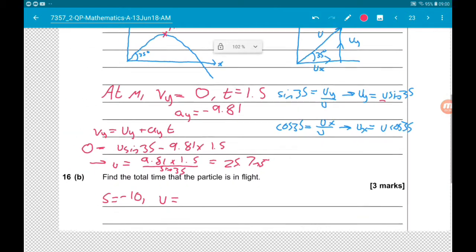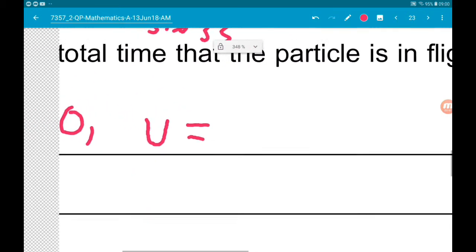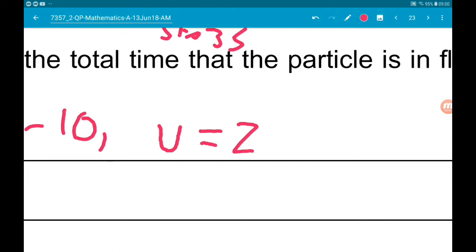So the initial speed in y is 25.7 sine 35.